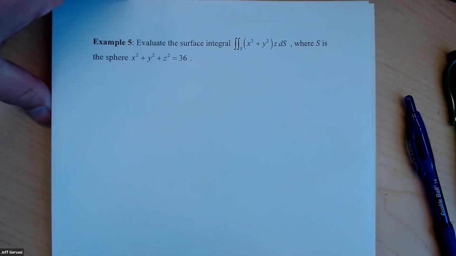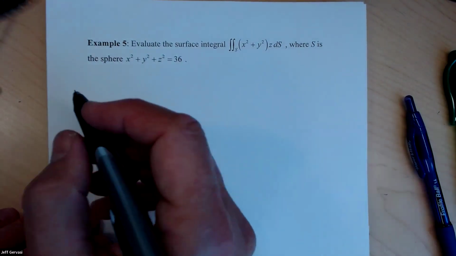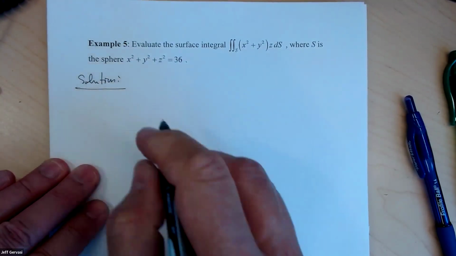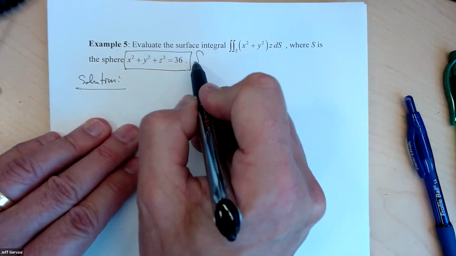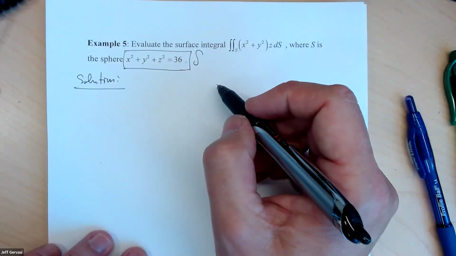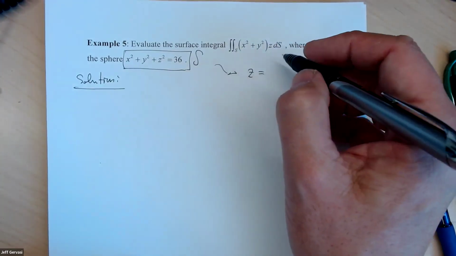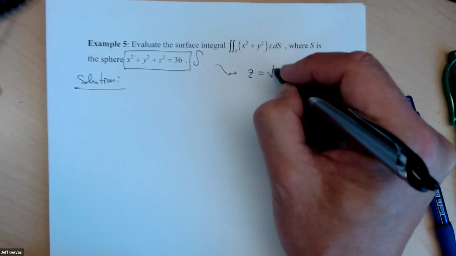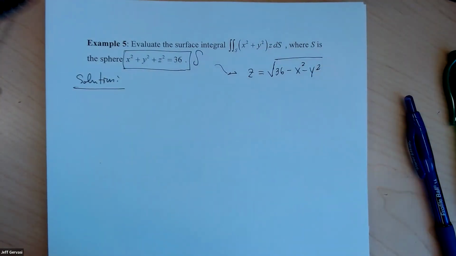Okay, we want to evaluate a general surface integral. And I'm not going to use the parametric form this time. I'm going to do just like I did in the last example. So this is my surface S. And notice I can rewrite that like that.